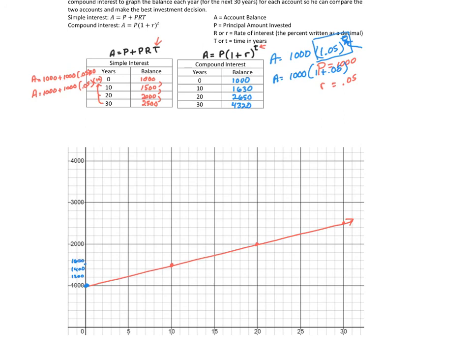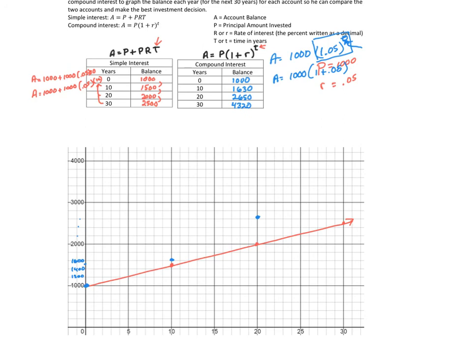So just above that line, right there. Does that look about right? Okay. 20 years, 2,650. So remember, these go by 200s. 22, 24, 2,650 is going to be just above that line. Right about there.